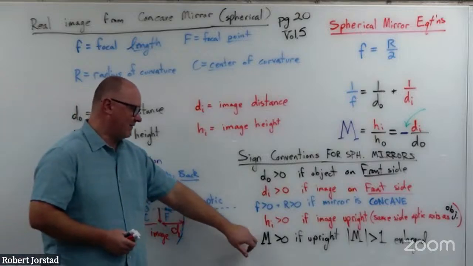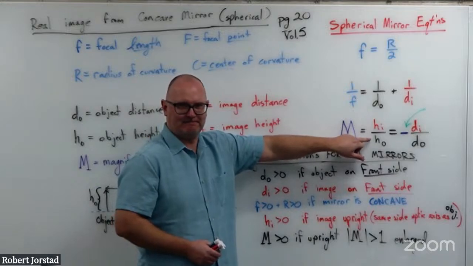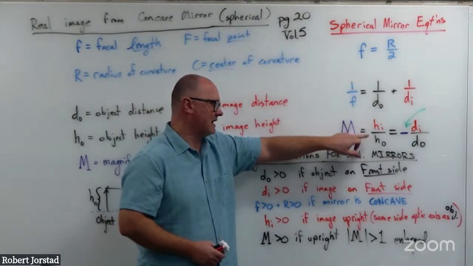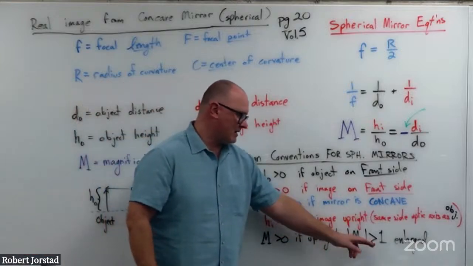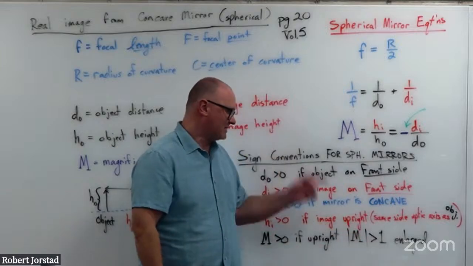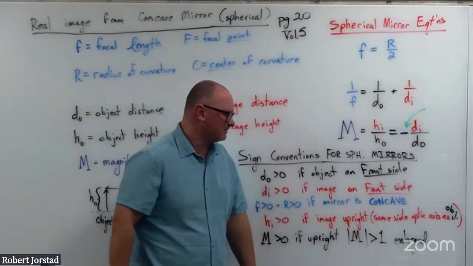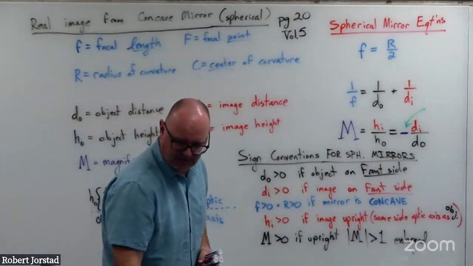If the magnification is greater than 0, both of these heights have the same sign. That's a sign of an upright image. Now, if the absolute value of the magnification is greater than 1, it's enlarged. If it's less than 1, it's diminished, it shrinks. Okay, so now that's all of our terms.